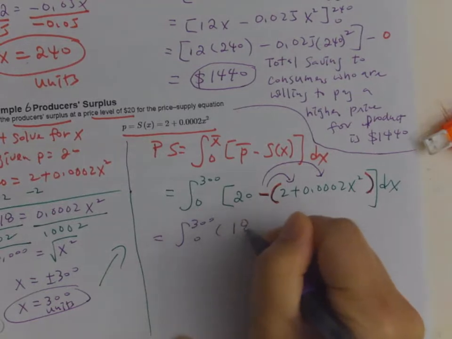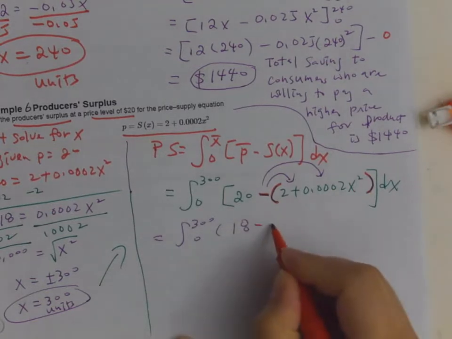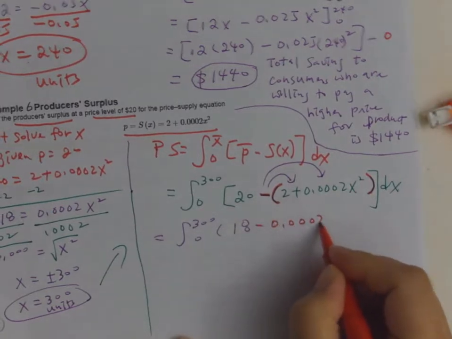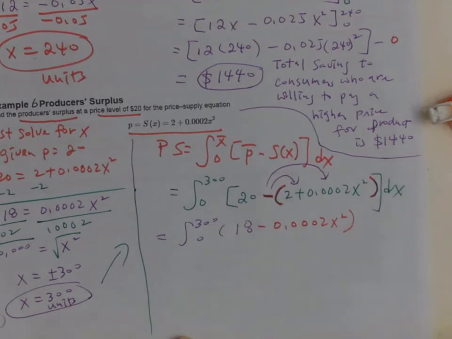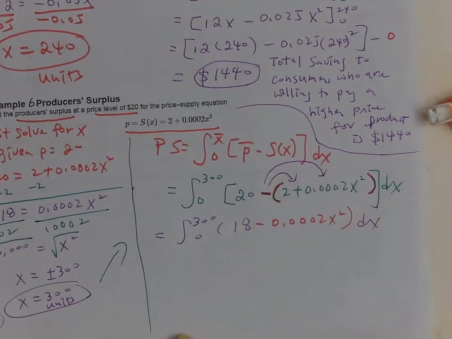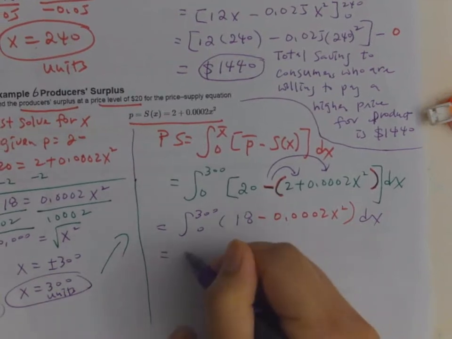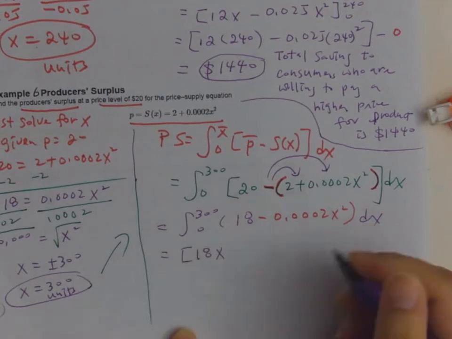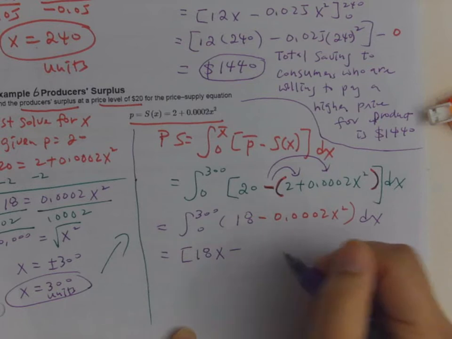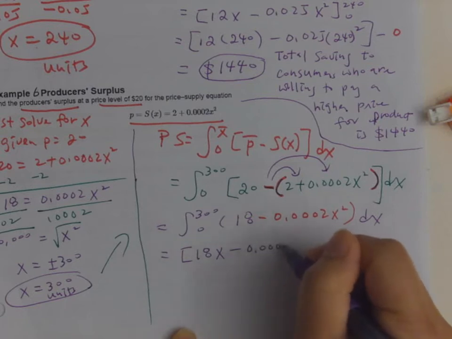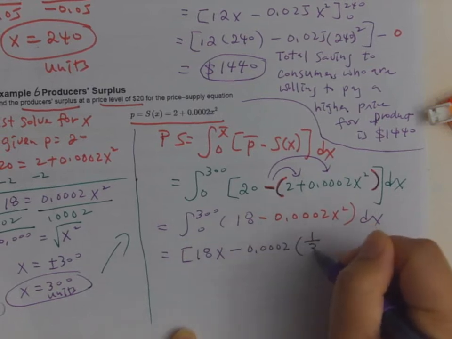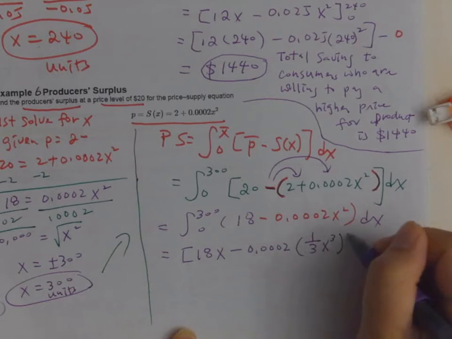So 18 minus 0.0002 x squared, okay? And then you do dx. So ready to take the integral, equal to basically 18x minus 0.0002 times 1 over 3 x cubed, right?